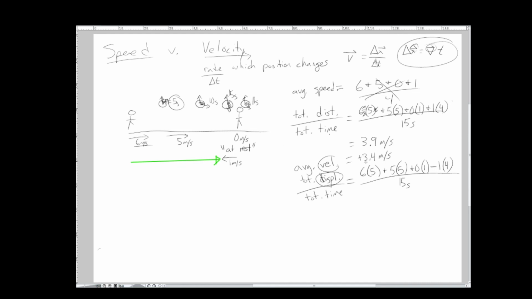So the stick figure would need to maintain an average velocity of 3.4 meters per second to the right in order to reach that same spot at the same time as the original run. So this is what consistent velocity would do: if we maintain this the whole time, it would get us the same result.